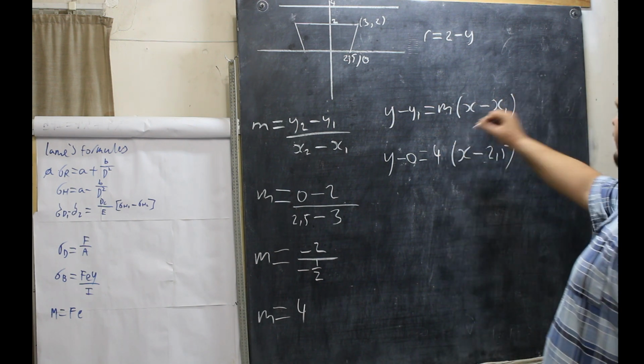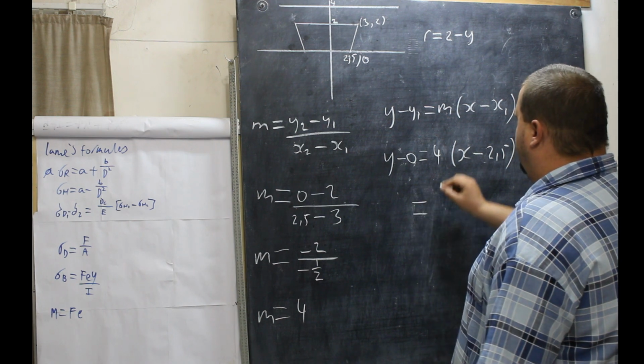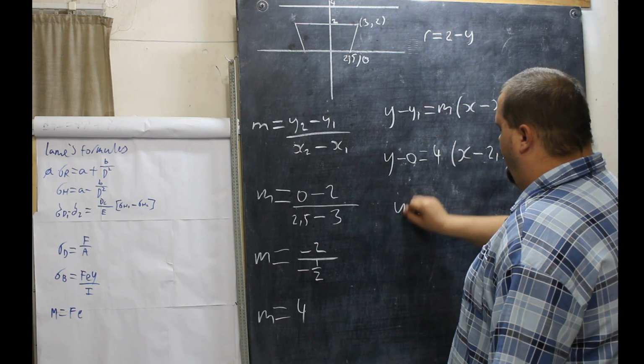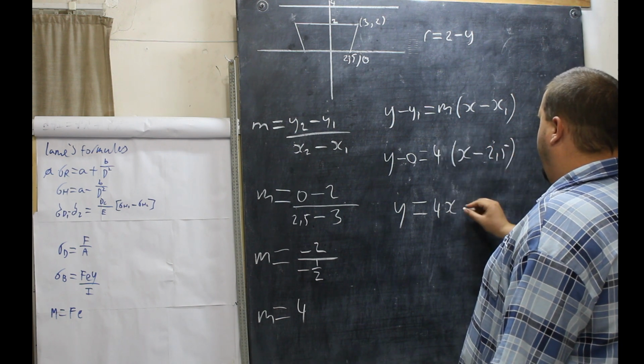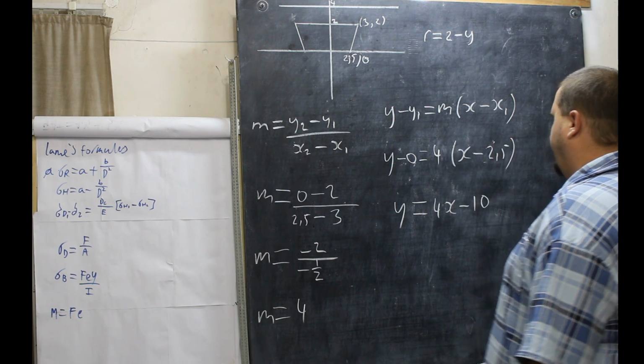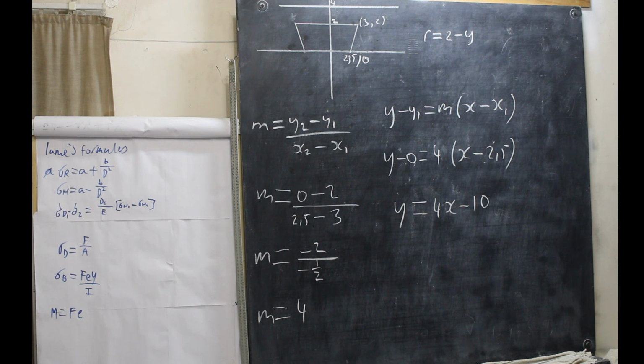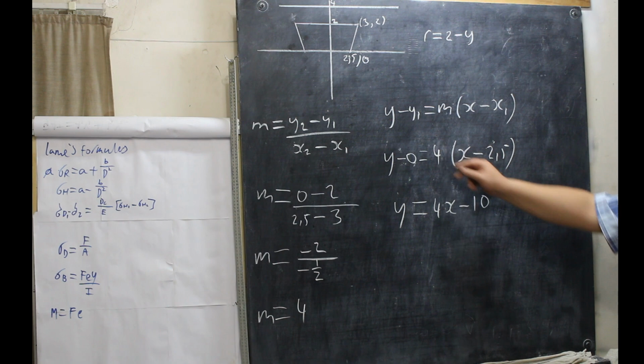So we're going to multiply 4 through. So y is equal to 4x minus 10. 2,5 times 2 is 5, and 5 times 2 is 10. So that's how 2,5 times 4 becomes 10.